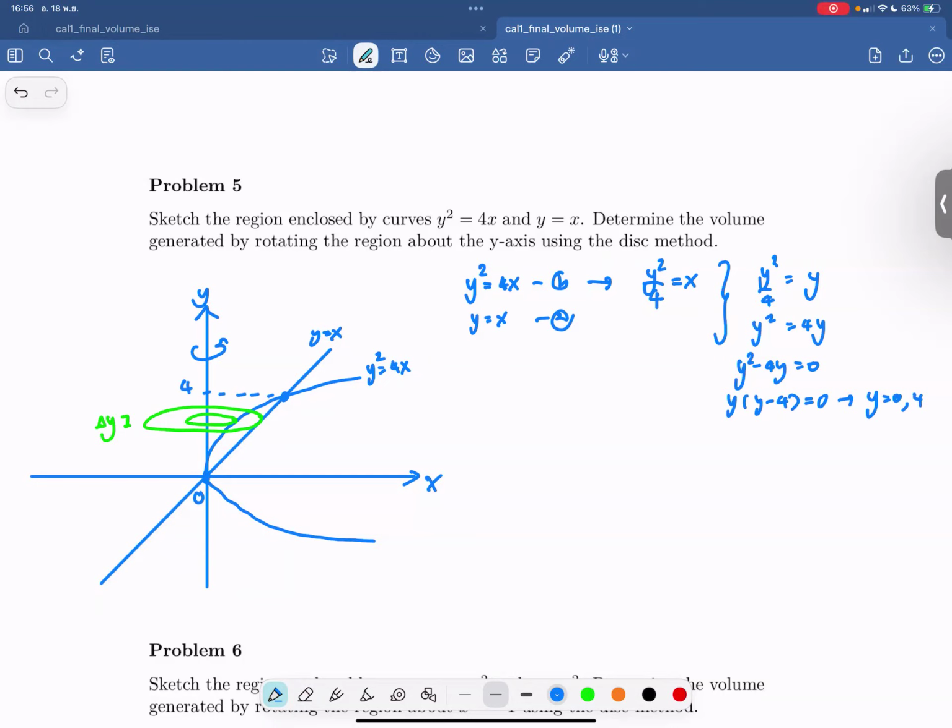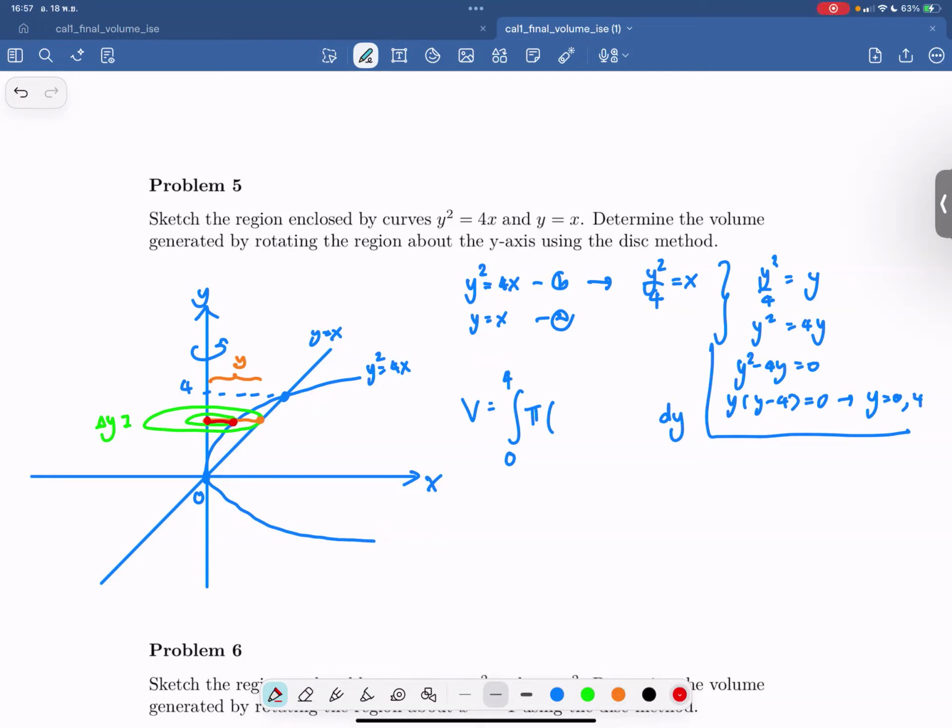Okay, so the boundary of the integral should be from 0 to 4, and then we calculate with respect to the value of y. So let's work out the outer and inner radius. The outer radius should be y, right? Over here. And then the inner radius should be the value of the parabola.